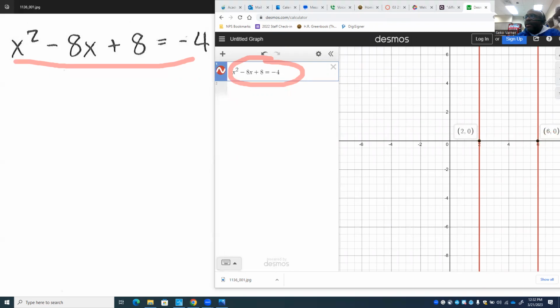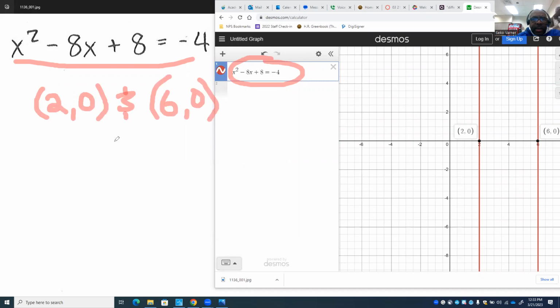So what we're going to do now is carry on. We're going to write down 2, 0, and 6, 0. And now we're going to translate that information. We're going to change it a little bit so it turns into the factors.